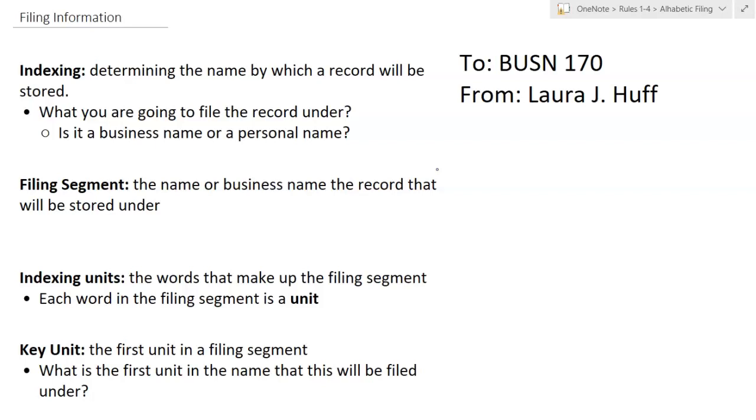Normally you would file something from a sender, so in this case, Laura J. Huff is a person's name, and we're going to file it under that name. The filing segment is the name or business that the record will be stored under, and again, that is Laura J. Huff.